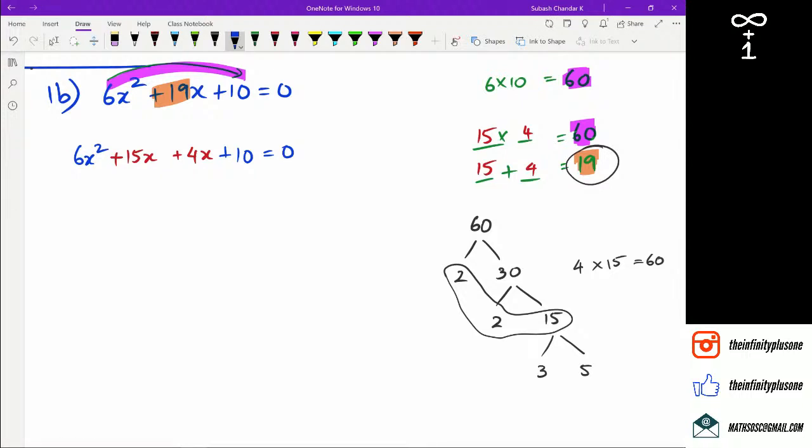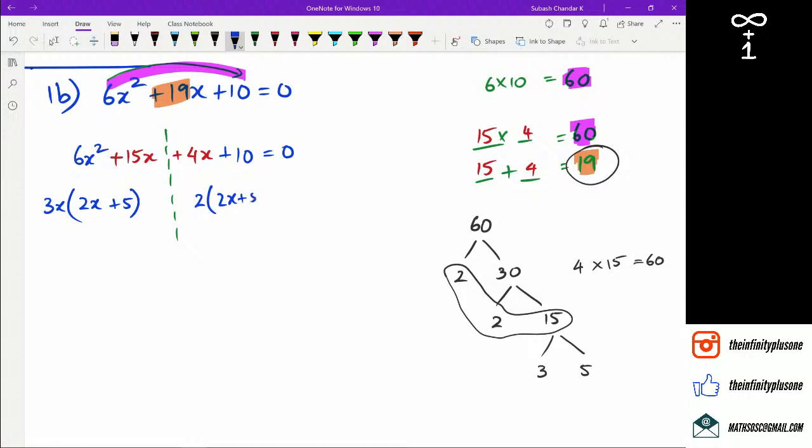Okay, so now that we've got here, we are going to split this up into two parts. I'm going to factorize 6x squared and 15x, and I can see that 3x is a common factor, so this would be 2x plus 5. On this side, I can see 2 is a common factor, which means I'm going to get 2x plus 5.